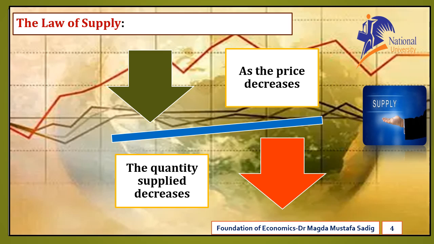So again, this image explains the law of supply. As the price decreases, the quantity supplied decreases, assuming all other factors remain constant.